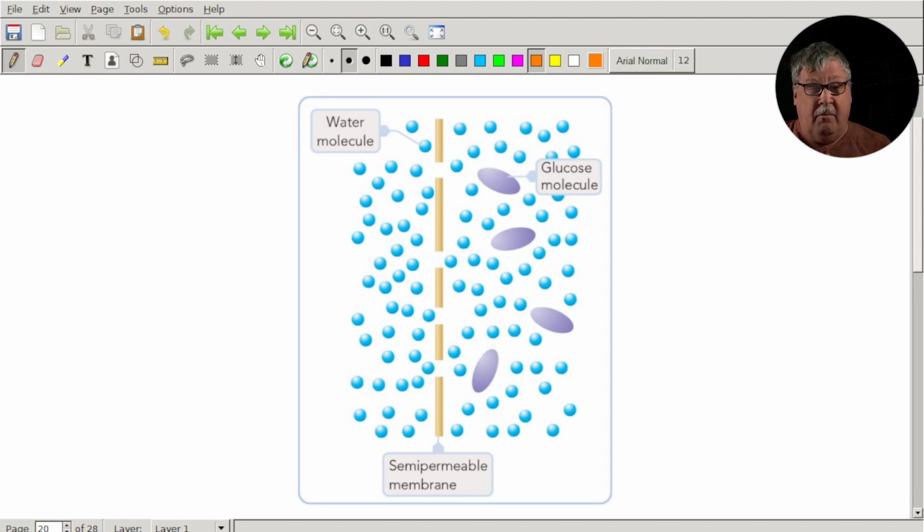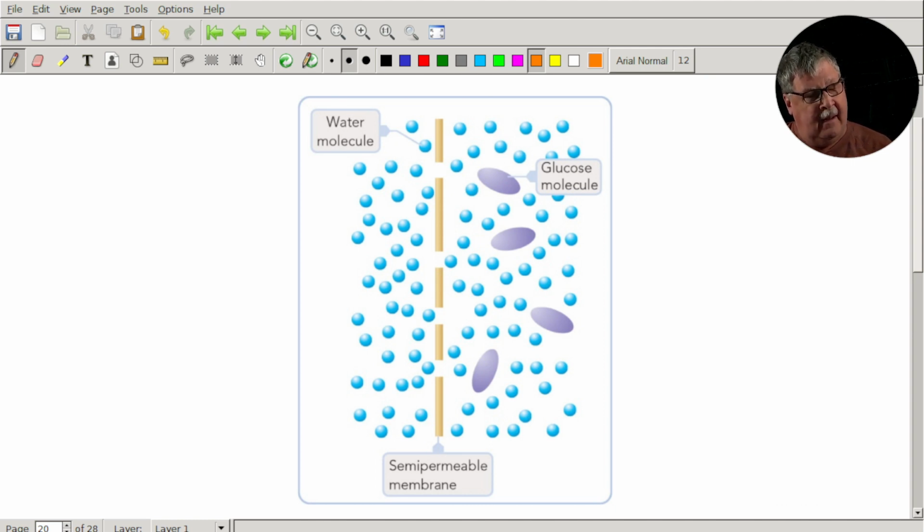Water molecules are very small, so they can easily diffuse through a lot of things that other things can't. For example, in this case, we're looking at glucose. Glucose molecules are much larger than water molecules. So if I have a membrane that's semi-permeable, the water molecules can probably diffuse through it, but the glucose molecules can't.